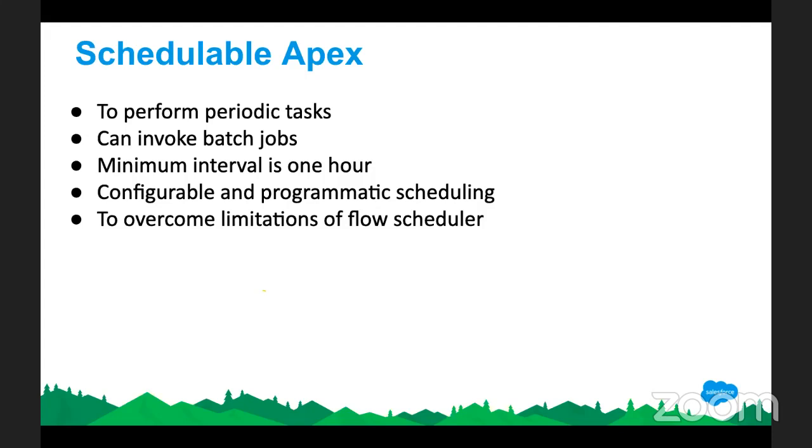It is configurable. There are configurable and programmatic scheduling options to overcome limitations of the flow scheduler. So basically, do you want to do something at a particular time every day, week, month or year?